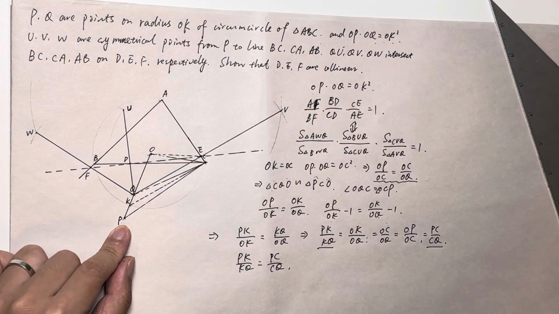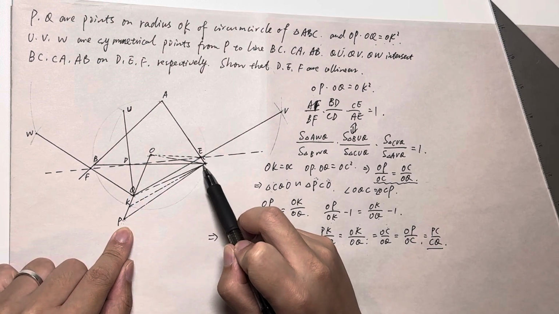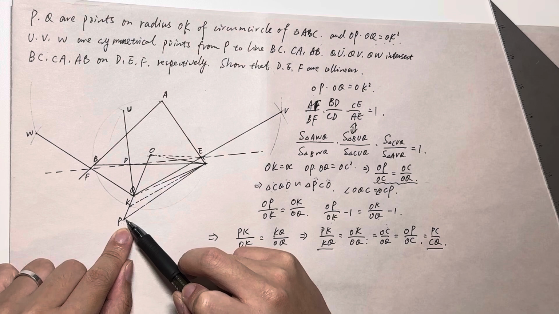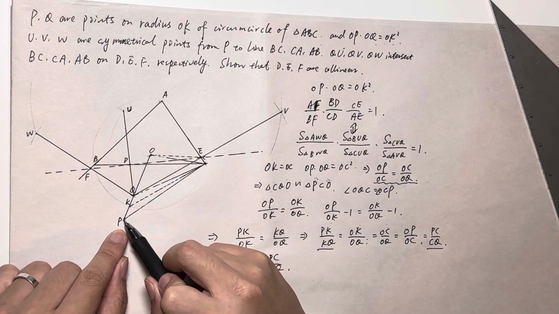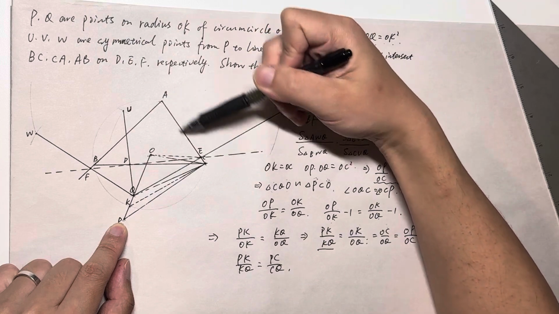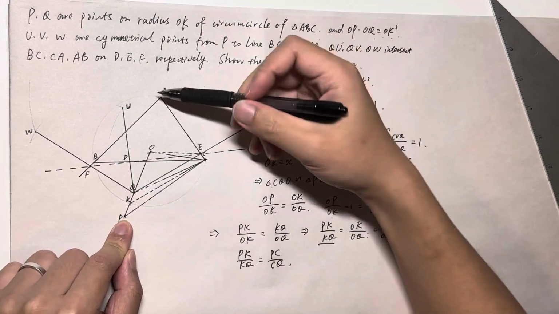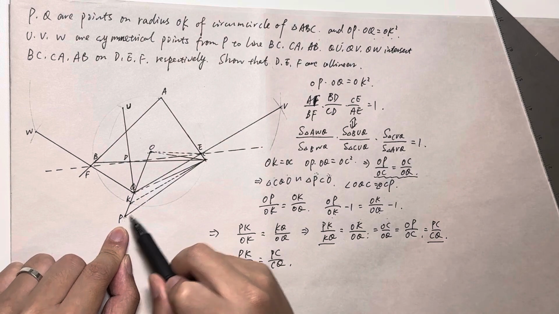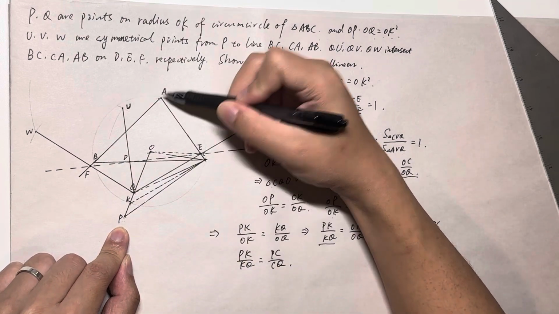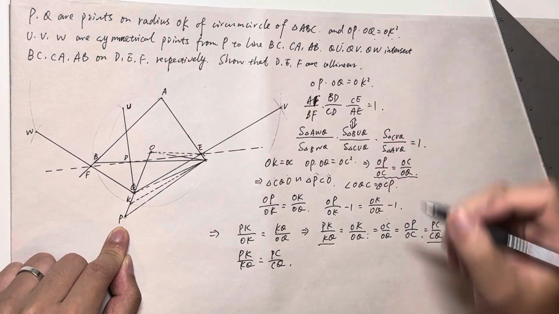Now we have an idea, right? Because it happens on this QCP, and we already know that P and V are symmetrical about AC, which means angle PCA equals angle VCA, right?